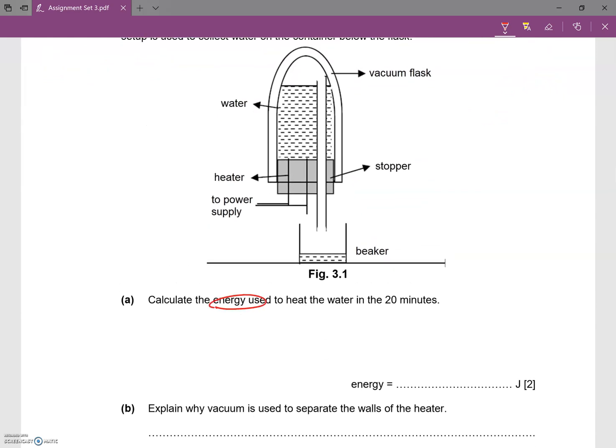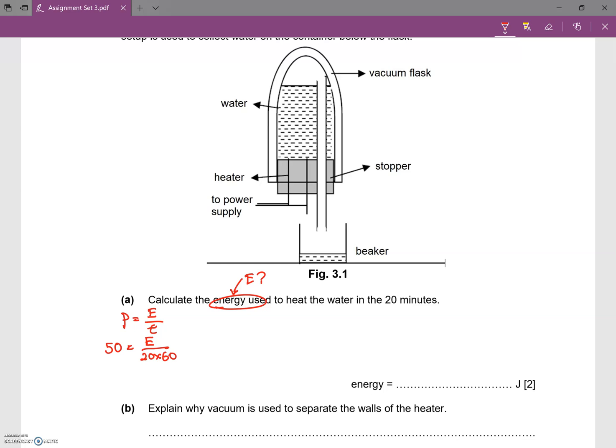They ask us to calculate the energy used, so we need to find the energy used to heat the water in 20 minutes. The formula we're going to use, since power, time, and energy are in the equation, is P equals E over T. Power is 50 watts, and energy is what we're going to calculate. The time here should always be in seconds, but what we're given is 20 minutes, so we need to convert to seconds.